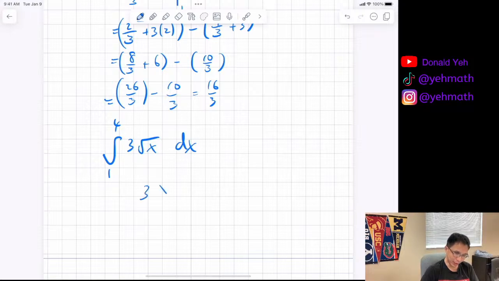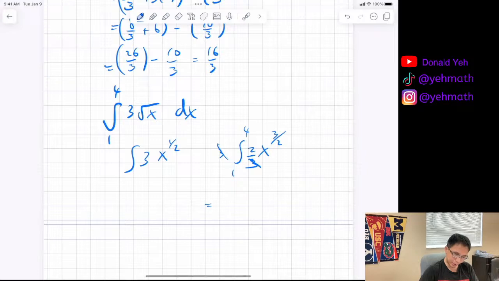So that's going to be 3x to the 1/2. I can take the 3 out, and it's x to the 3 over 2, times 2 over 3. The 3 is going to cancel out, between 1 and 4. So that's equal to 2 over 3 times 4 to the 3/2 minus 2 over 3 times 1 to the 3 over 2.